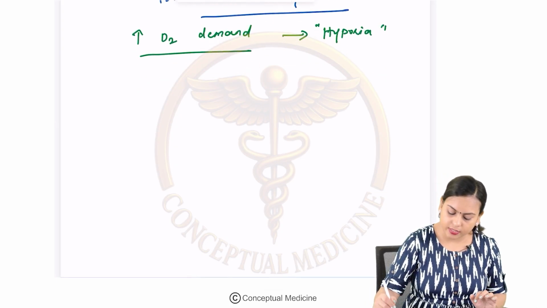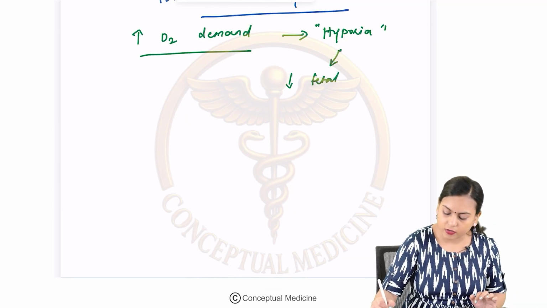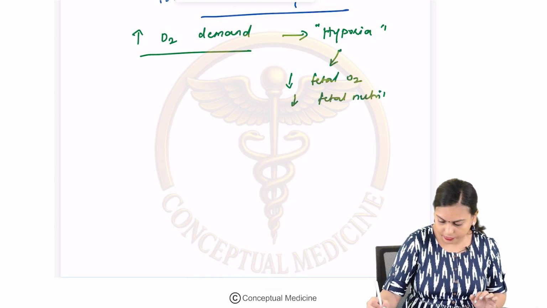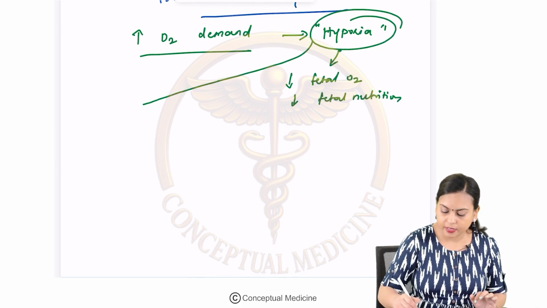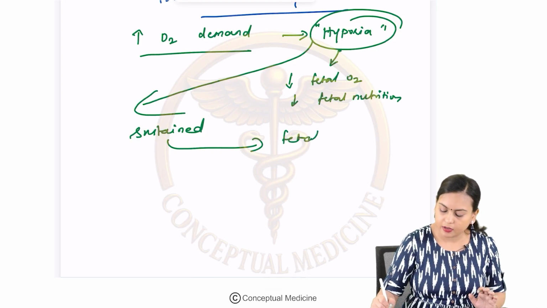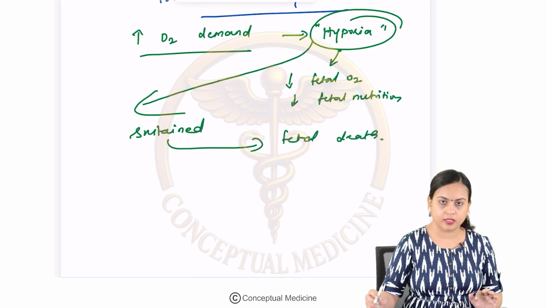So due to this hypoxia, fetal oxygen levels are decreased and fetal nutrition is also reduced. If this becomes sustained for a long time, it will end up in fetal death. Clear?